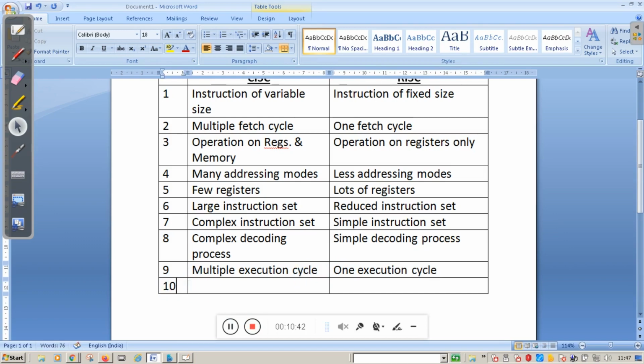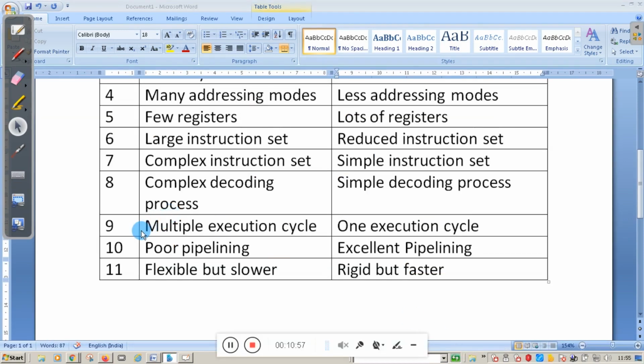Before that, let me note down the 10th point, the next point. Point number 10, poor pipelining.